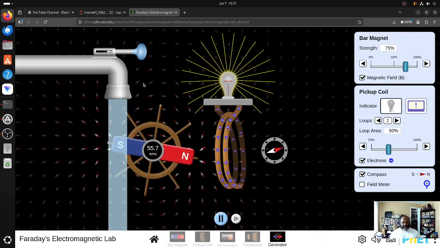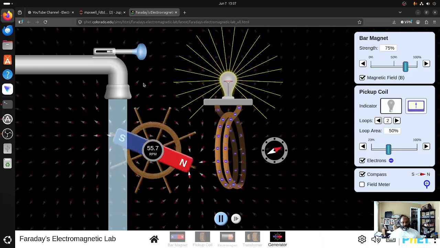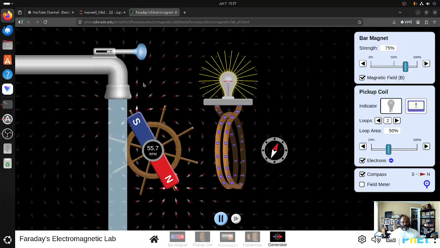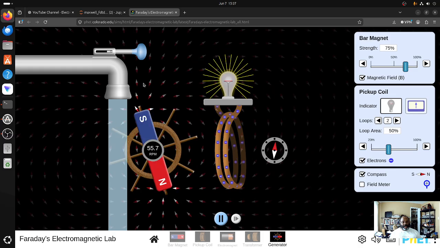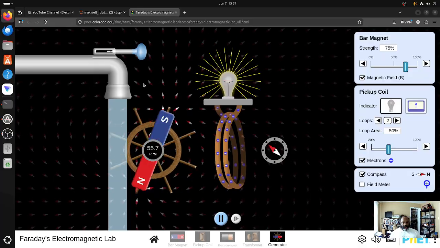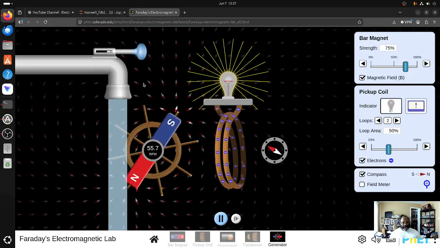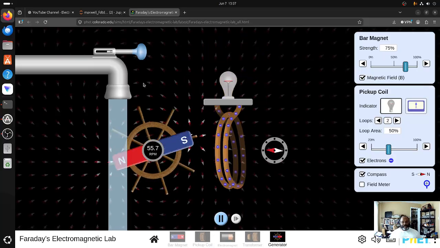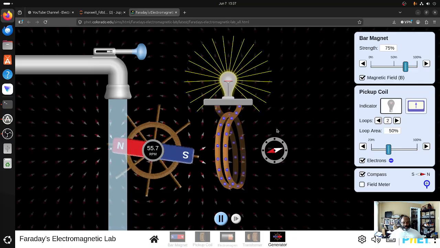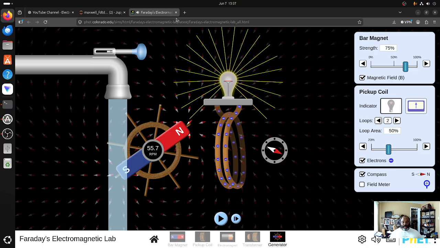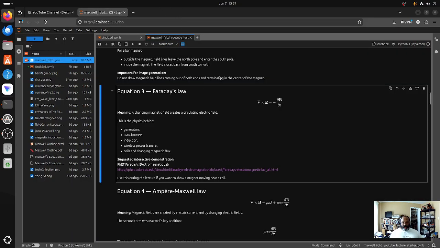That changing magnetic field is cutting across this coil, coupling to it, and it is causing current to flow first in one direction, then the other direction in this coil, and it's causing the light to light. You can also see that my compass is responding to this changing field. So I thought this would be a good way to demonstrate Faraday's law.